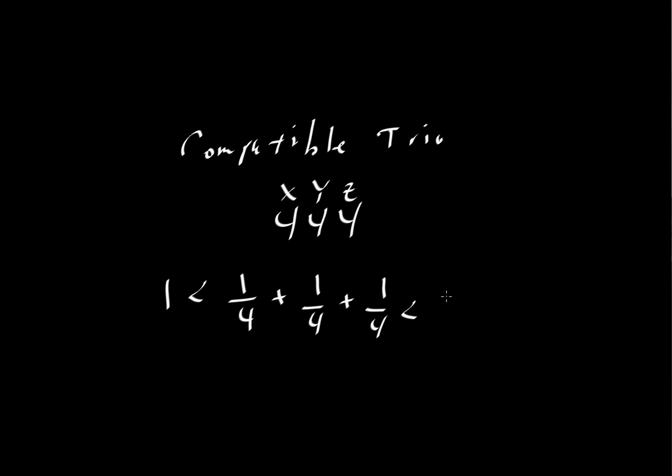Is the sum of those fractions greater than 1 and less than 3? Well, 1/4 plus 1/4 plus 1/4 is 0.75. And so that is less than 1. So this is not a compatible trio. It is not possible. Let's try the case of 4, 2, 2.